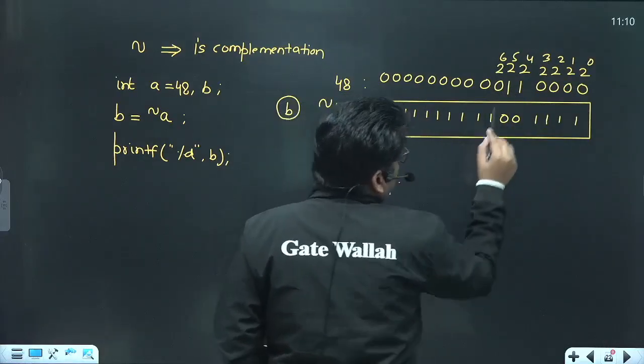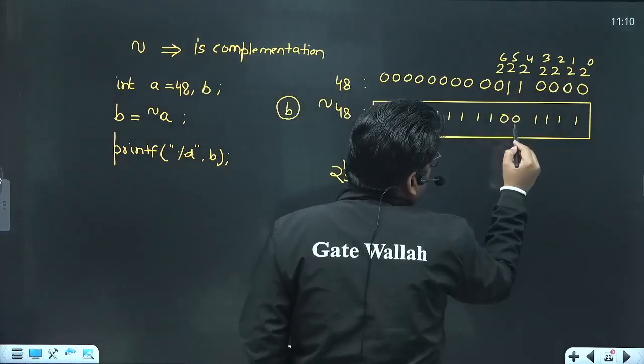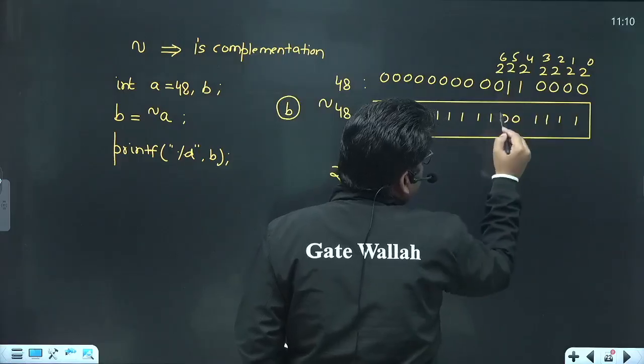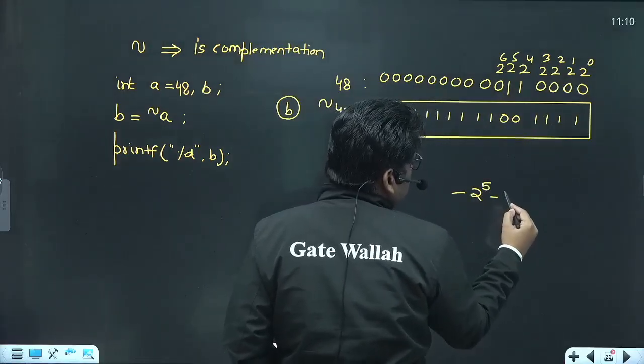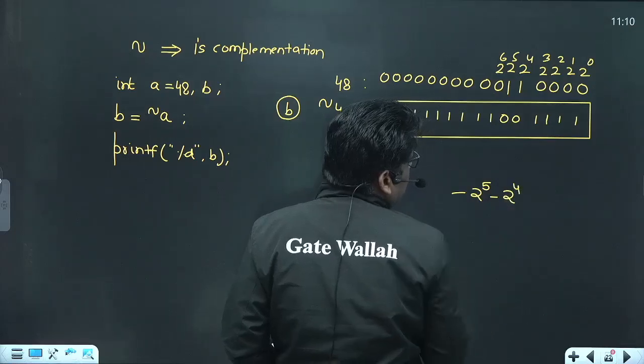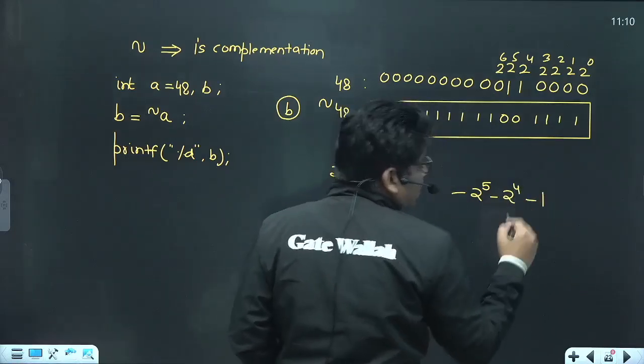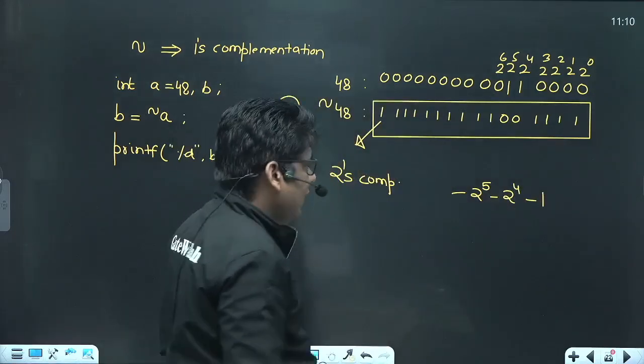So coming to these zeros, this is at 2 raised to the power 4 and this is at 2 raised to the power 5. So can I say the value is minus 2 raised to the power 5 minus 2 raised to the power 4 minus an extra 1.